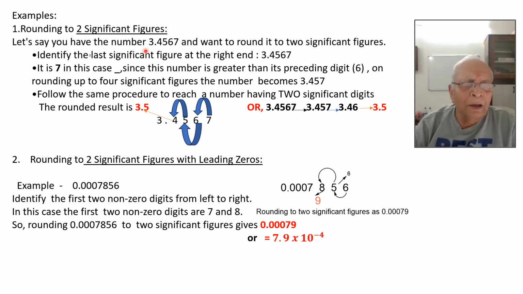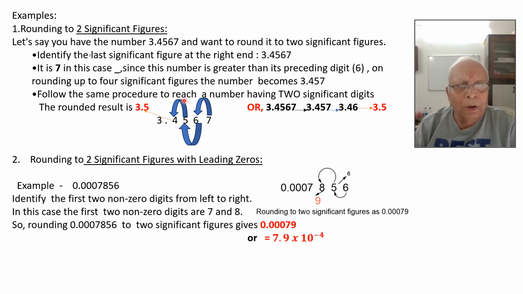Here we have to follow a procedure for rounding a number having 1, 2, 3, 4, 5 significant figures, and it has to be rounded to two significant figures.